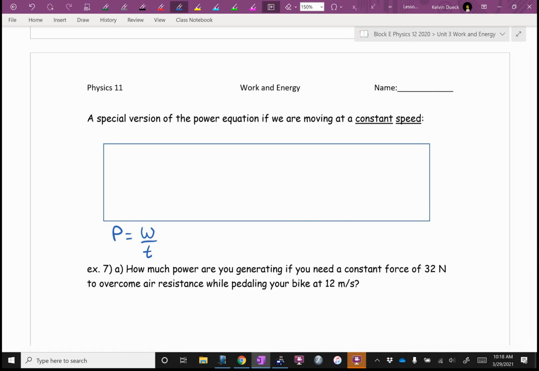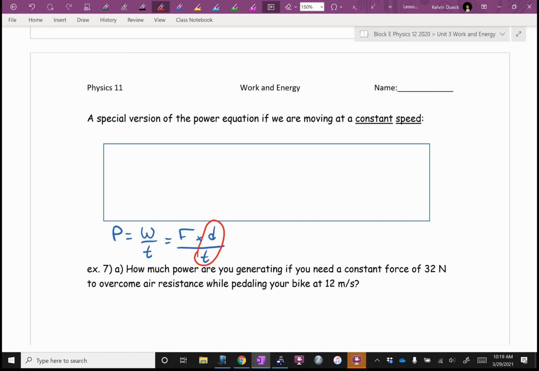Work is equal to what times what? Force times distance over time. And then do me a favor, can you circle the D and the T, please?